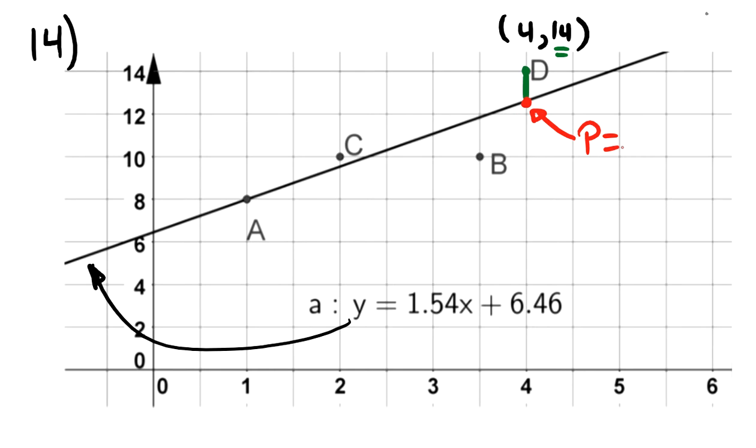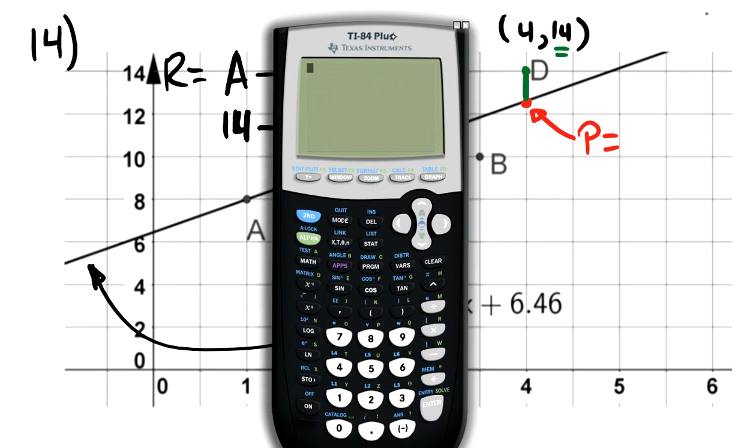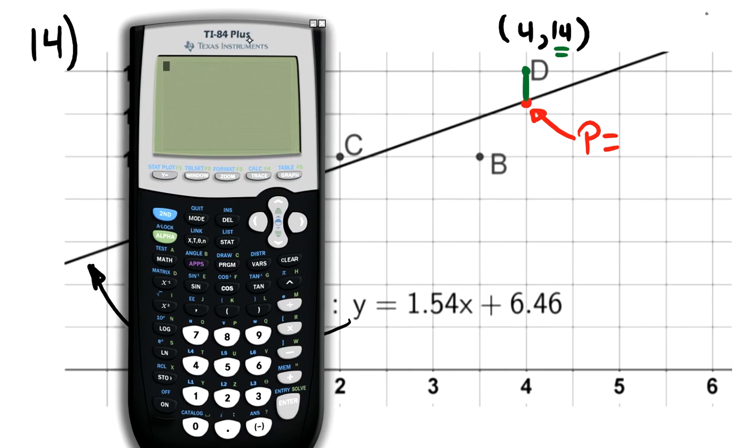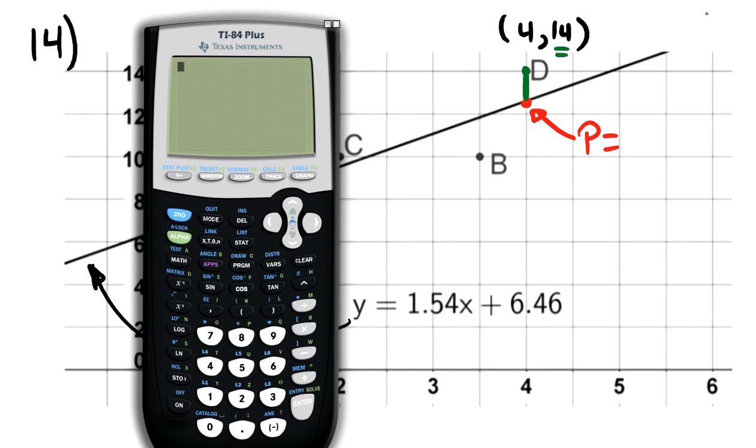I know the actual value is 14, and I know that the residual is the actual minus the predicted value. So I just need to calculate the predicted and subtract that from 14. To figure out the predicted value, I just need to know what this function gives me when x is the number 4.